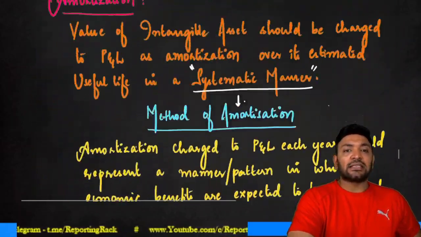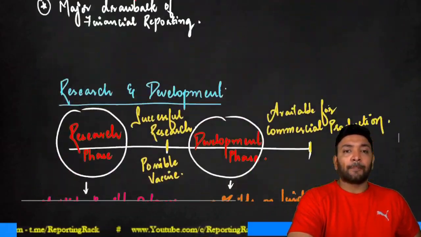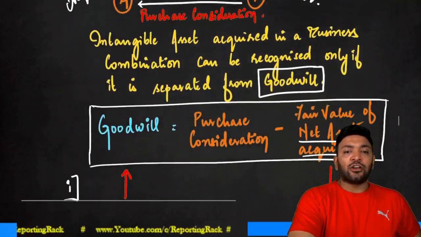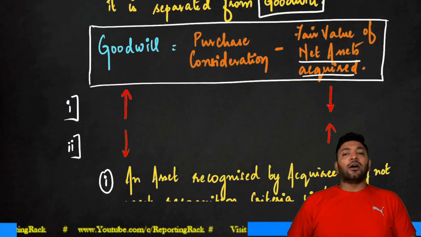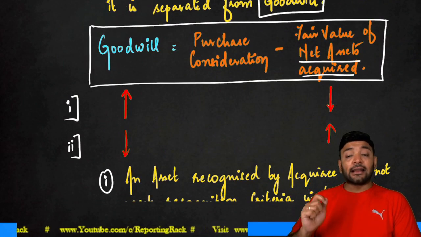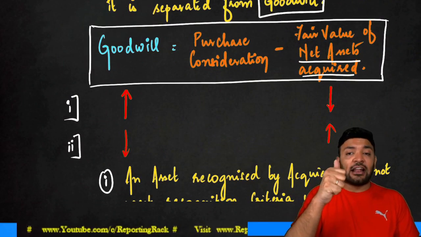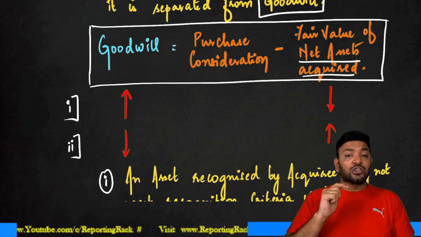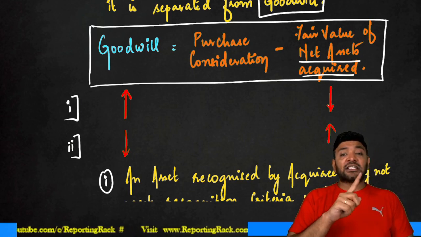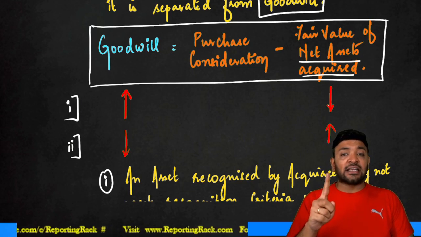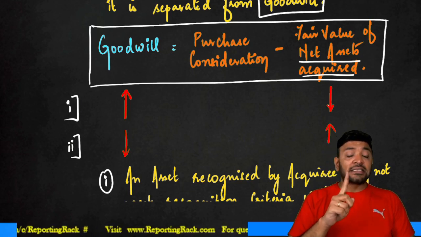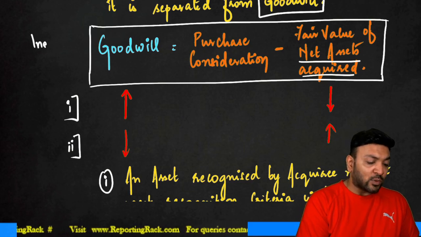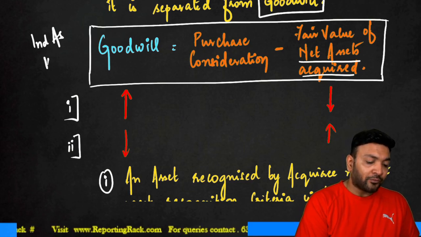I'll show you where we discussed this. Absolutely right here. So if there is an intangible asset being recognized, then there is an increase in the fair value of the net assets. Automatically, the value of the goodwill will reduce. How do you calculate goodwill? Purchase consideration minus fair value of net assets acquired, and this formula is given as per IND AS 103. This is my IND AS 103 paragraph application.